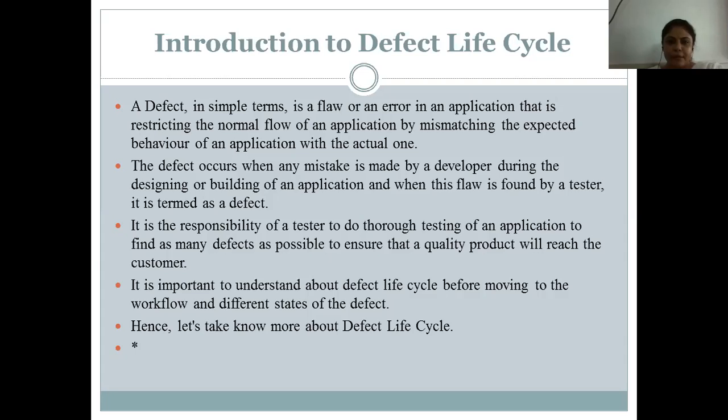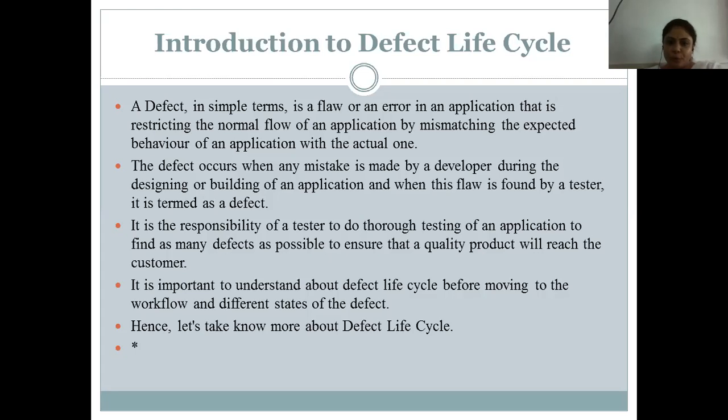The defect occurs when any mistake is made by the developer during designing or building of an application. Sometimes the defect might occur due to some environmental condition like radiation, right? So a defect can be a human-made defect or an environmental defect also.